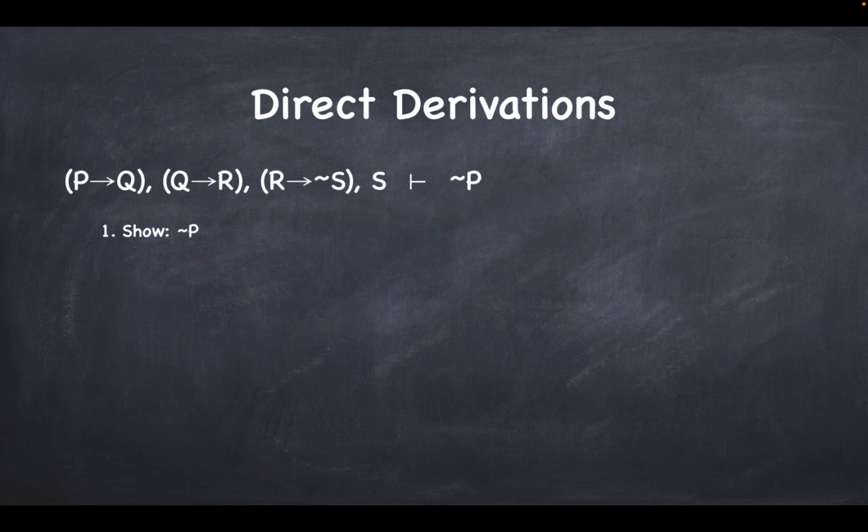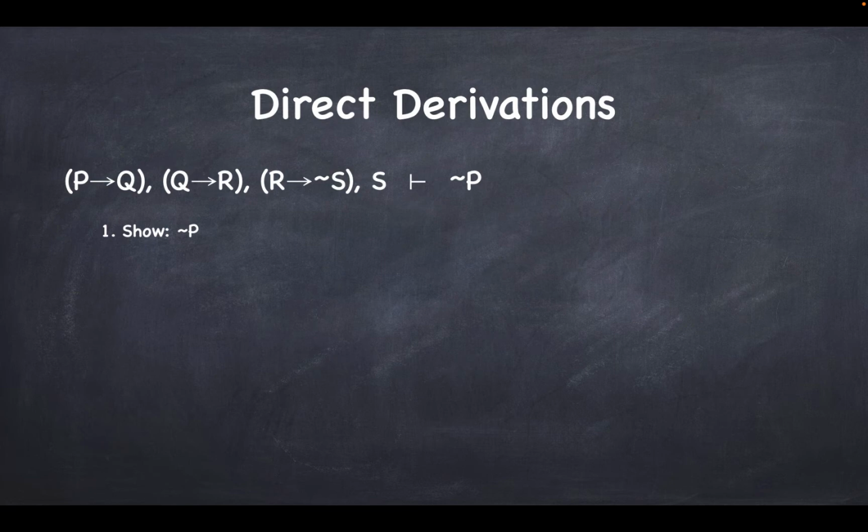When you're asked to construct a derivation that validates this argument, the first thing you're going to do is write the number 1 just to signal this is the first line of my proof, and write the word show and a colon. And the show line is basically announcing, I shall now show this.